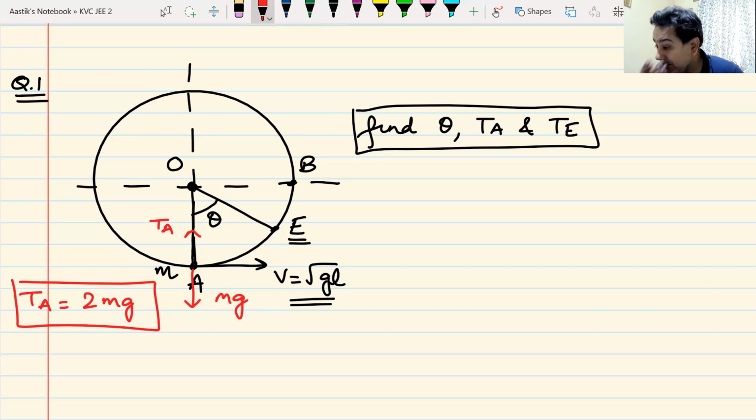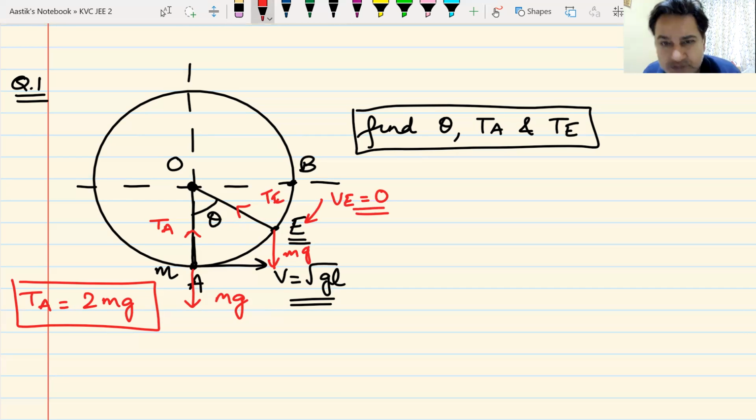TE. How do I get TE? Let us first draw the diagram. TE. This is mg. What is the velocity at point E? First, tell me what is the velocity? Zero, because it will reach the highest point here. Velocity at point E is zero.